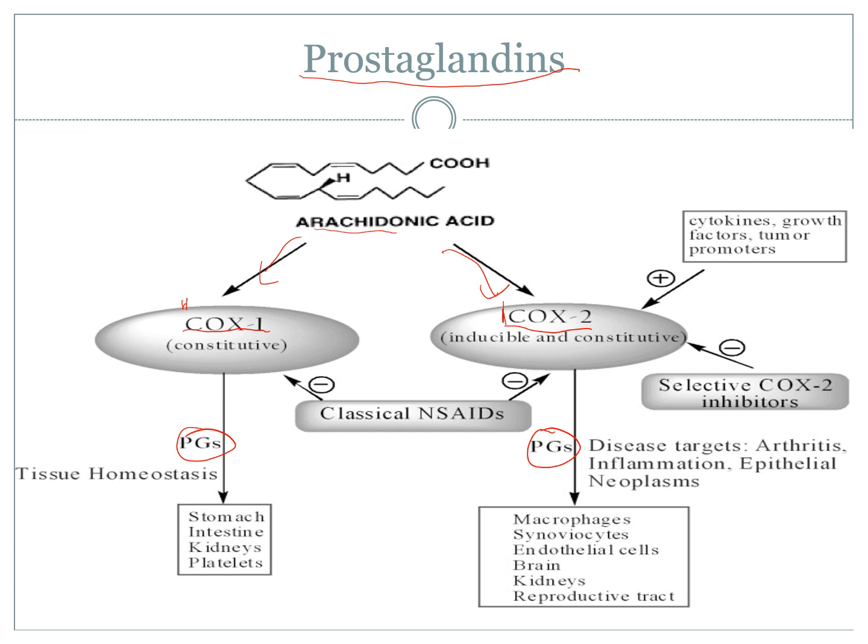So COX-1 produces prostaglandin, and that prostaglandin is associated with making sure you can have platelet aggregation when you need to. It is heavily involved in gastric mucosal production, and it also makes sure you have enough renal perfusion as well. In the presence of inflammation, that's where COX-2 comes into play, and then we have physiological and pathological effects associated with it.